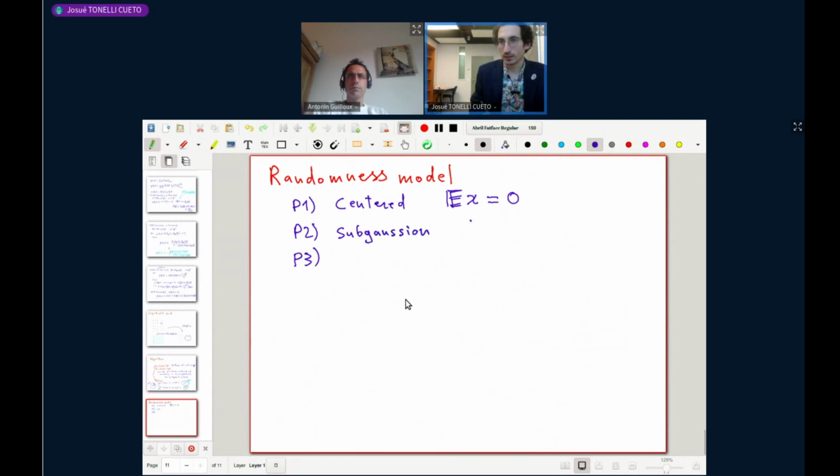This just means that for every L bigger or equal than 1, the expectation of my random variable to the L, to the power 1 over L, is bounded by some constant times the square root of L.